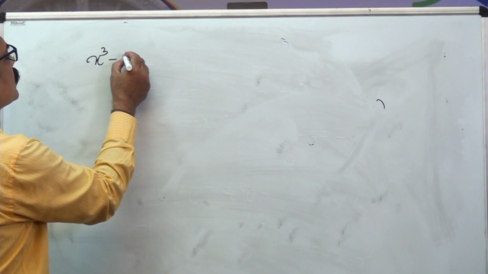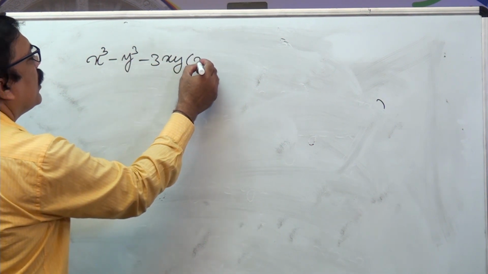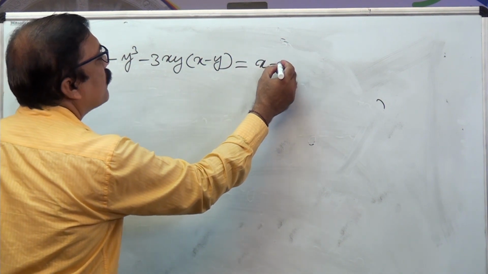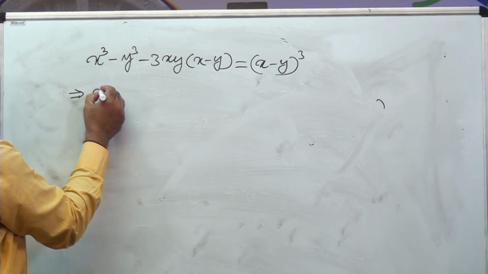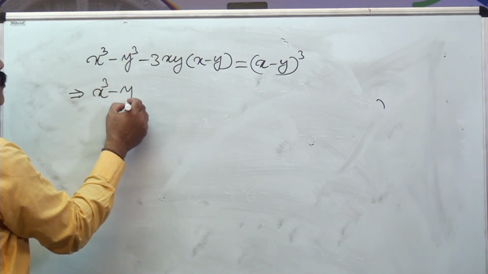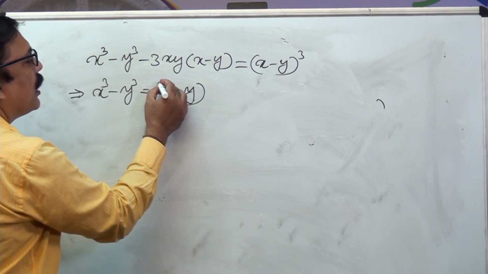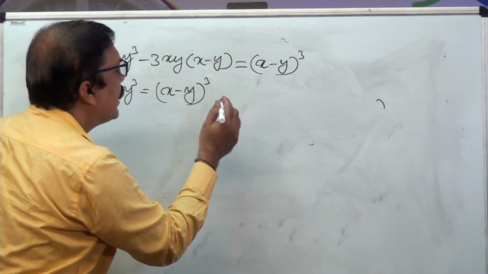See, x cube minus y cube minus 3xy into x minus y gives x minus y whole cube. From this, we can write x cube minus y cube is equal to x minus y whole cube. This part will be shifted to the right side.